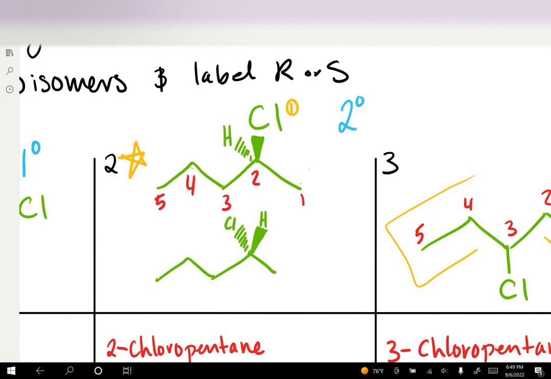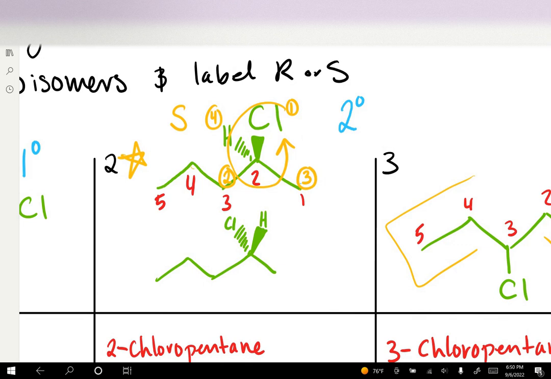So carbon 3 is our second priority. It's higher than carbon 1. Carbon 1 then would be our group 3, and of course our hydrogen is always our lowest priority group, number 4. So drawing our rotation here, we see it's turning left, so that is an S configuration.